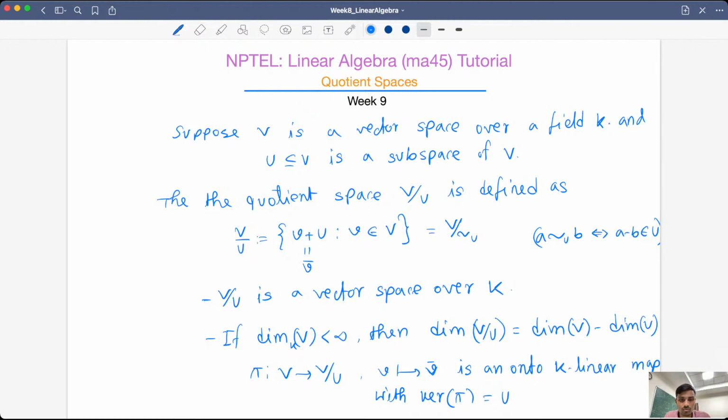So from there, using the rank nullity theorem, we get that the dimension of V mod U is dimension of V minus dimension of U.